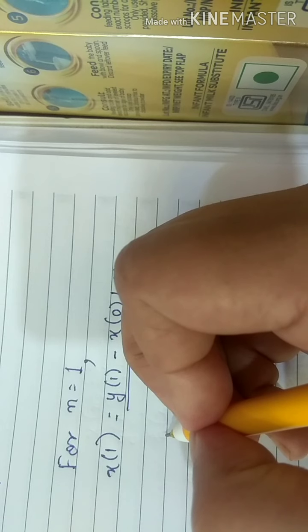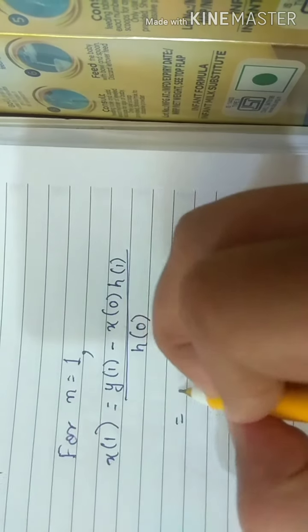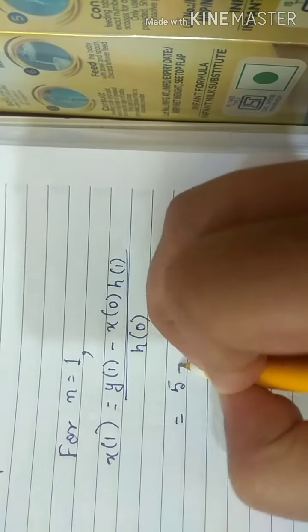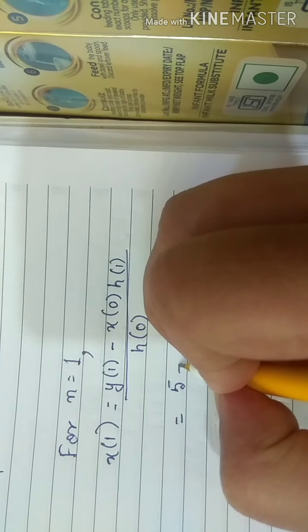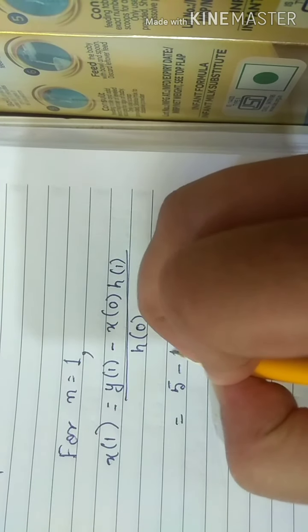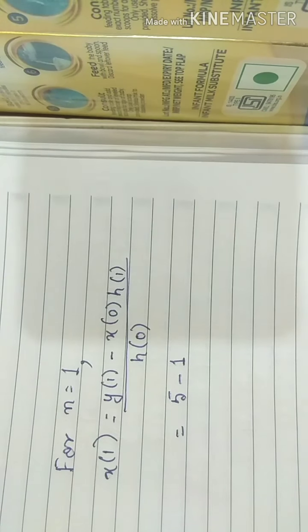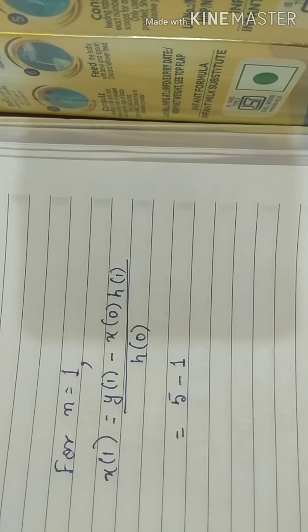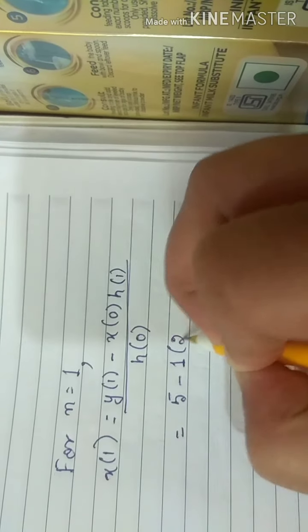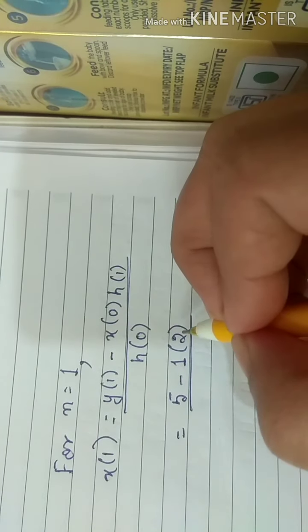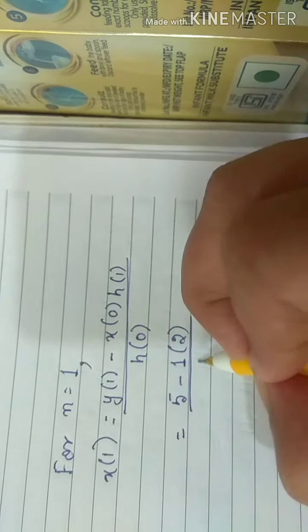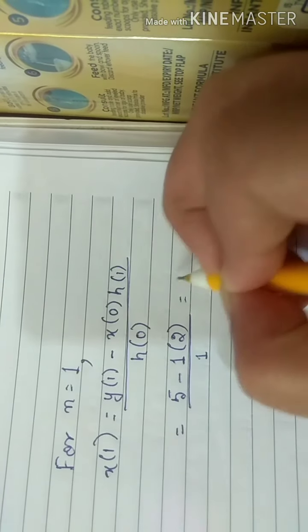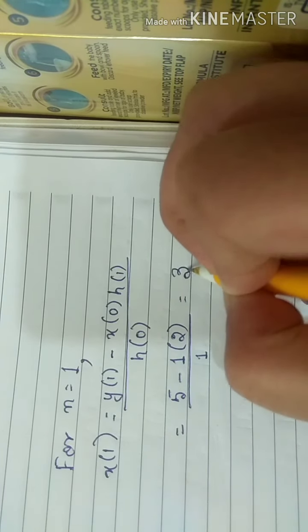What is y[1]? Y[1] is 5, minus x[0], which we have just calculated, that is 1, multiplied with h[1]. H[1] is again 2, divided by h[0], which is equal to 1. So this is equal to 3.